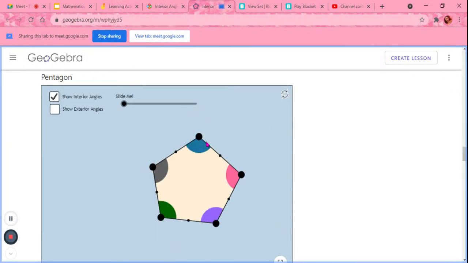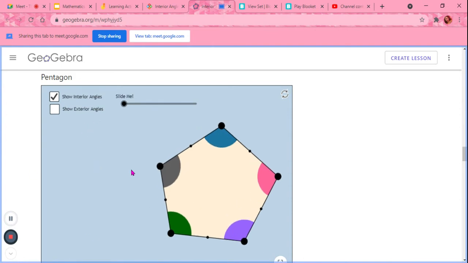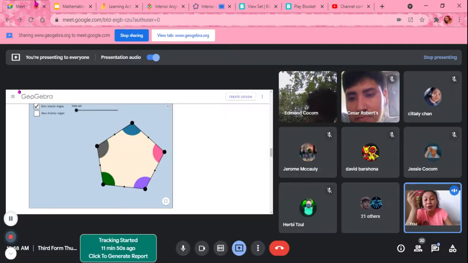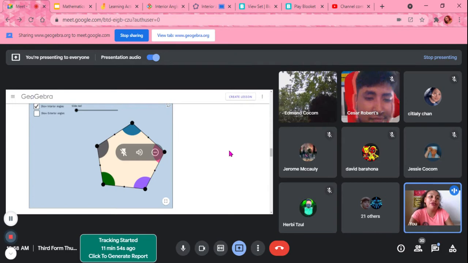I have a polygon, and the interior angles of this polygon all depend on the number of sides. So this one has 5 sides, it has 5 angles, so it's going to have a specific magnitude. If it were 6 angles, it would have a different degree. 7 angles a different degree, 8 angles a different degree, right?